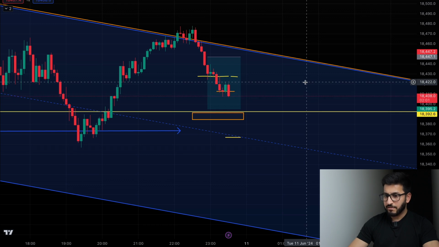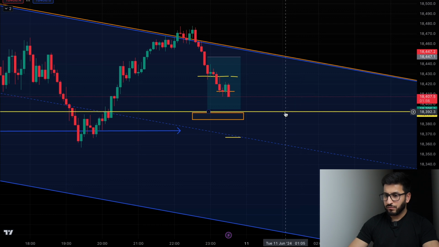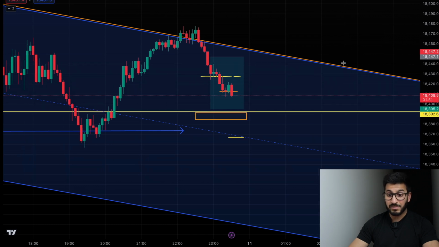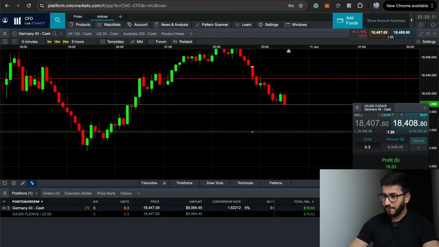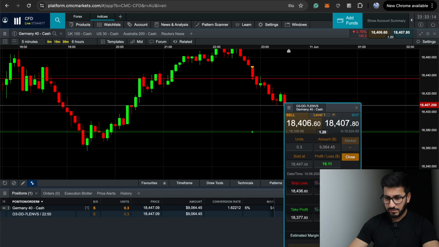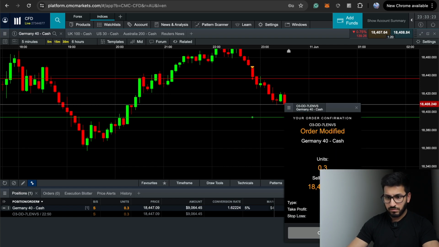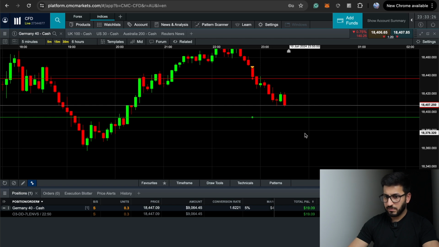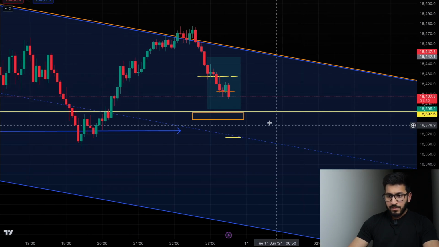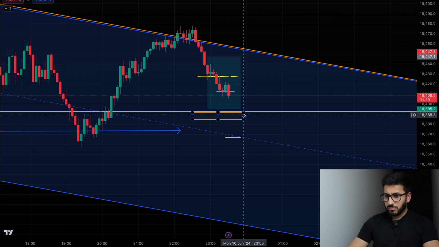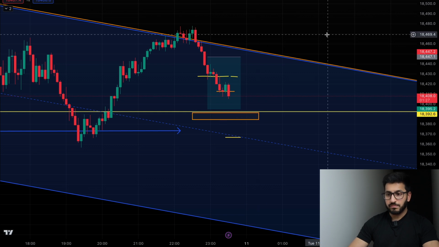There are some wicks here. 18,392 is my support and resistance, or supply and demand zone. Now I'm just going to move it to maybe 18,393, modify, close, so that it's a bit up, because I really think it's going to find some support here. 18,400.